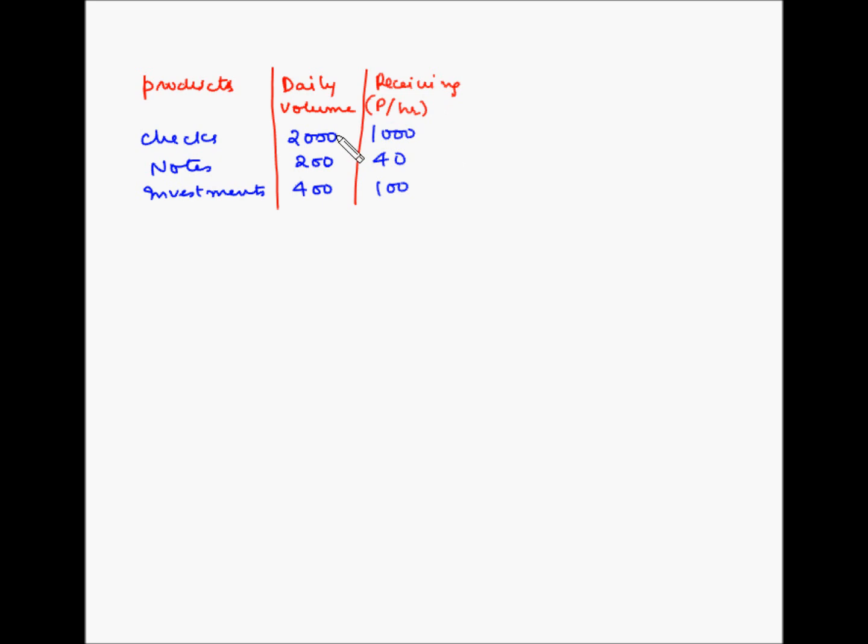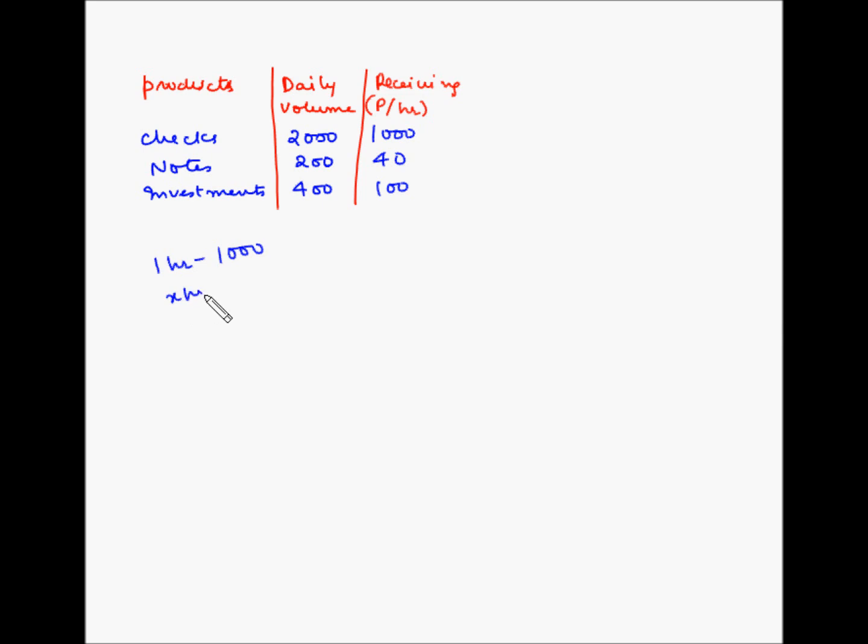So for checks, the daily volume is 2000, and per man hour they can process 1000 checks. So how many hours will be required to process 2000 checks? For ease of understanding, I will note it down here. So in 1 hour they can process 1000 checks.